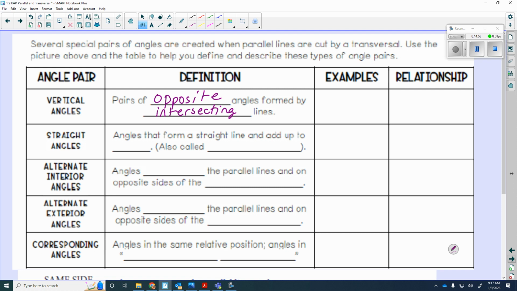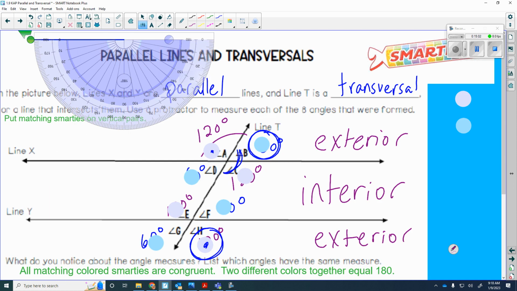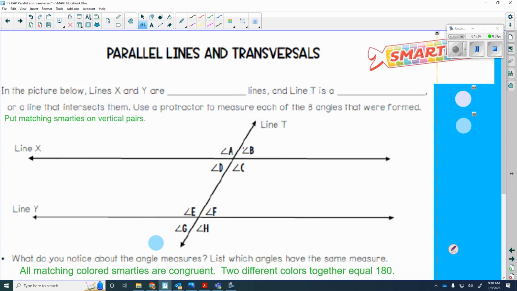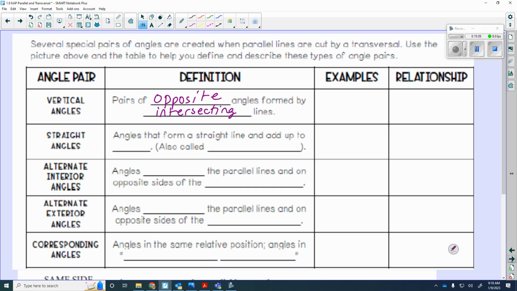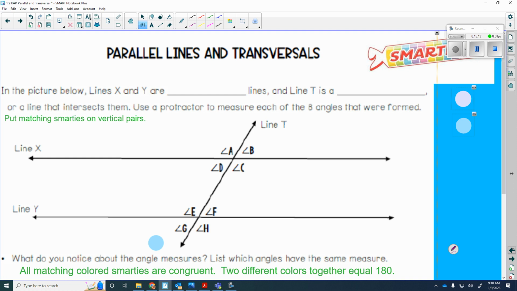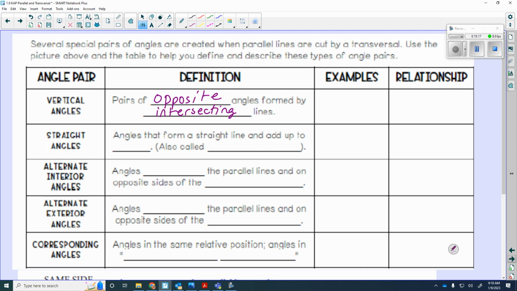For the example, looking at our picture, I need to delete this because I got to go back and forth. Looking at this picture, I'm going to reset my picture so that it's easier for us to see this. Okay. Looking at my picture, which ones are vertical? A and C, B and D. Okay. Angle A and C, angle B and D.